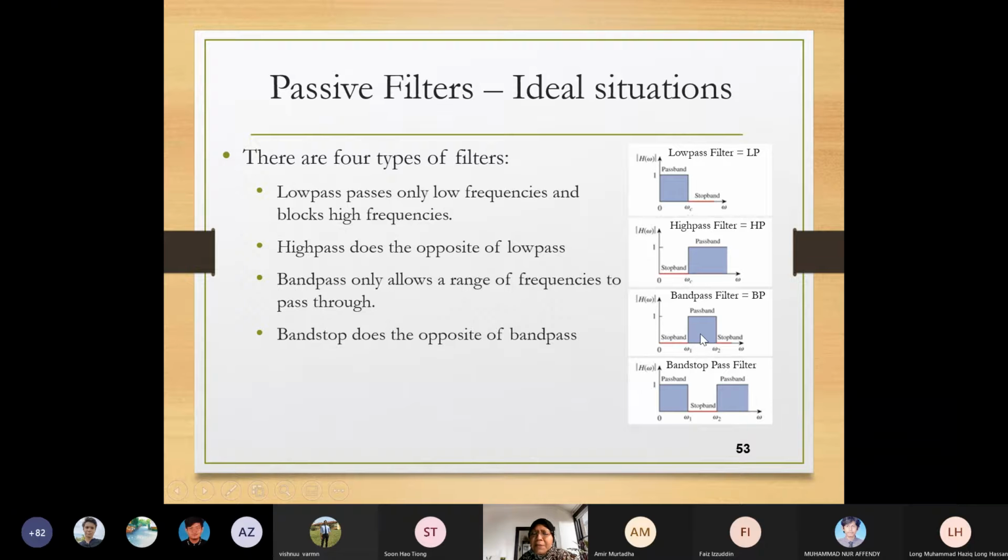The band pass filter allows signals to pass through between 2 cutoff frequencies. And the 4th one is the stop band filter, which blocks a certain range of frequencies between the low cutoff frequency and the high cutoff frequency.